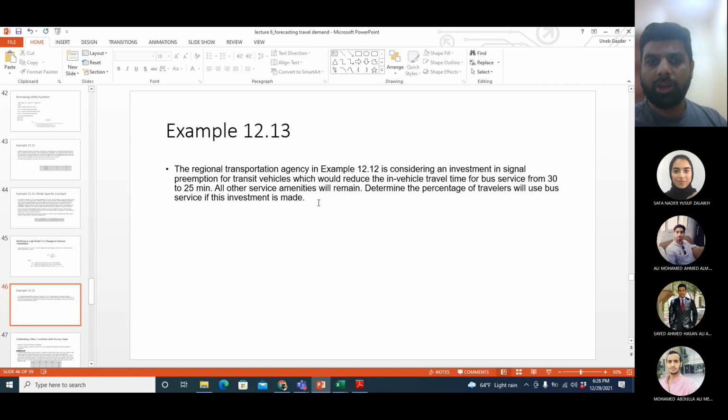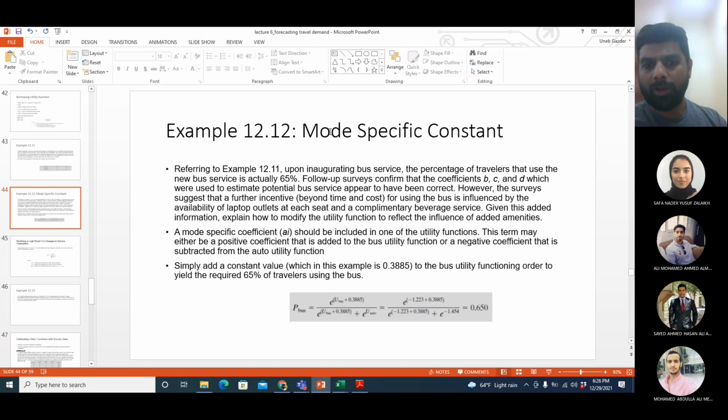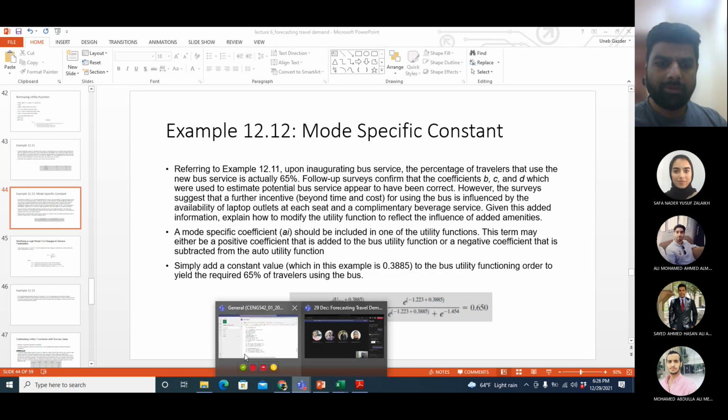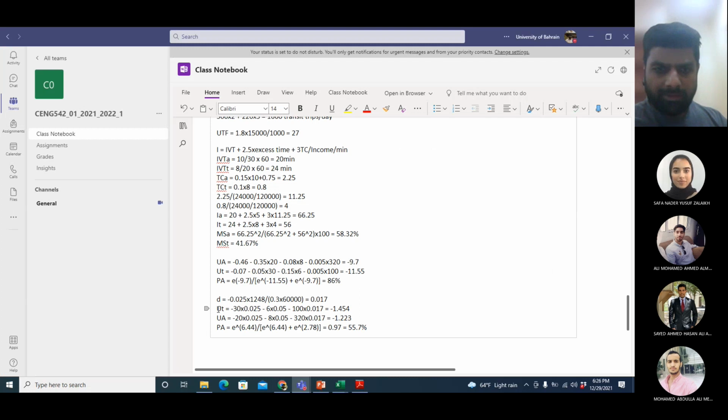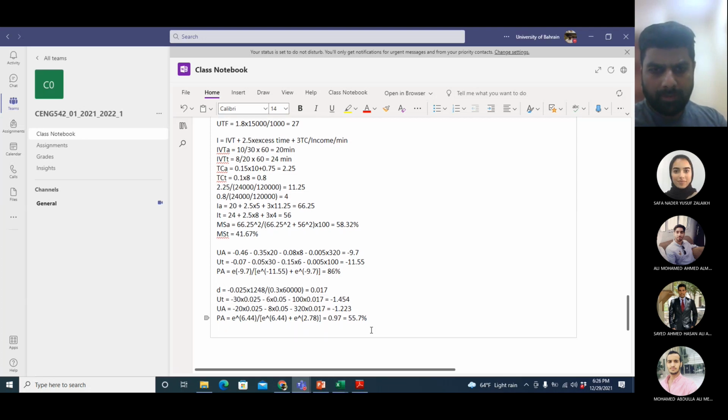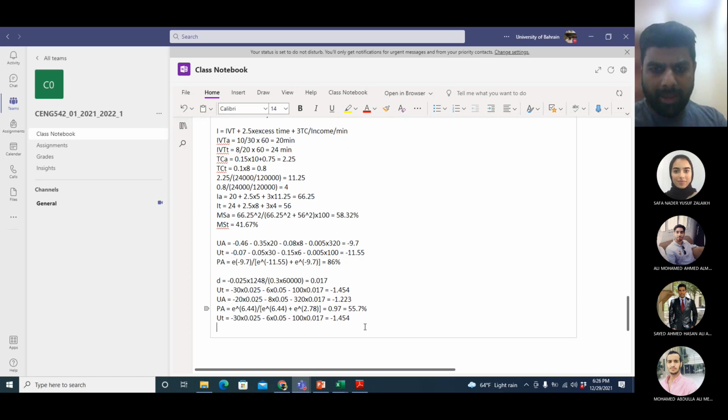Okay. Now they are talking about example 12.12, this one. So the utility of the bus is this one. 0.3885 constant is already added. So if I come here, the utility of the bus is this one, and then I add 0.3885 here, the constant.